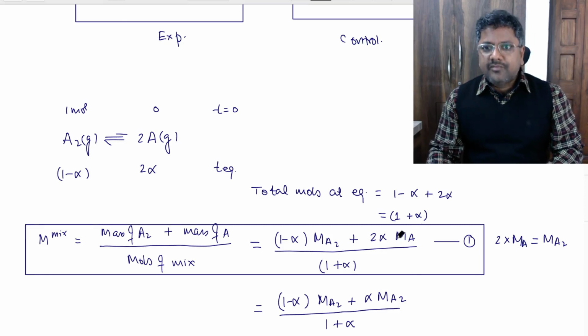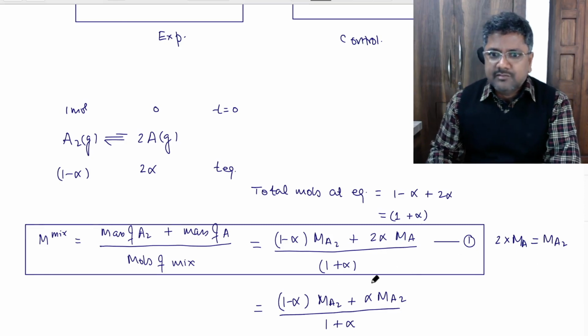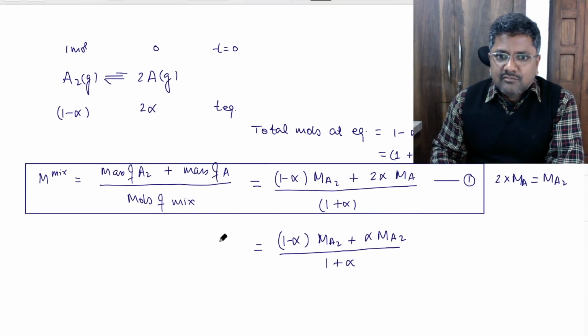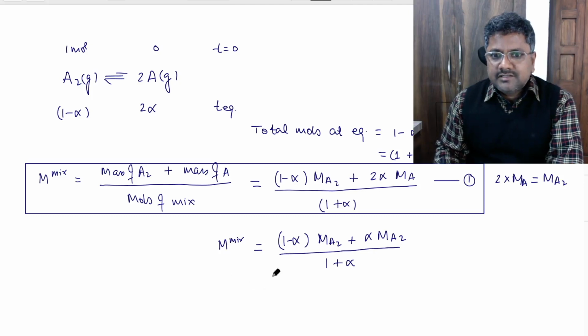Now I am simplifying this. By putting this, I am simplifying this equation. So molar mass of mixture is equal to this.